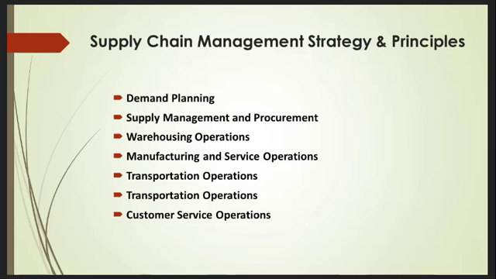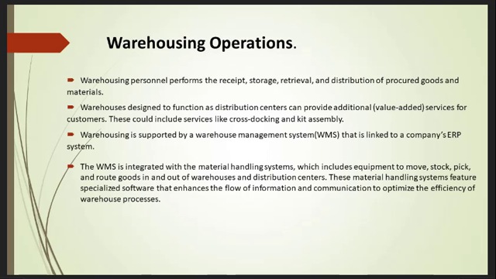Warehousing operations. Warehousing personnel perform the receipt, storage, retrieval, and distribution of procured goods and materials. Initially, goods and materials are received from suppliers into a warehouse by warehousing personnel who unload trucks, inspect items to ensure there is no product or shipping damage, and process the items, now formally part of inventory, to a storage location until they are needed.